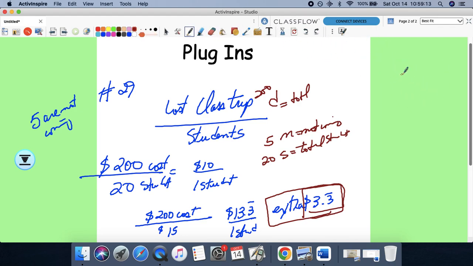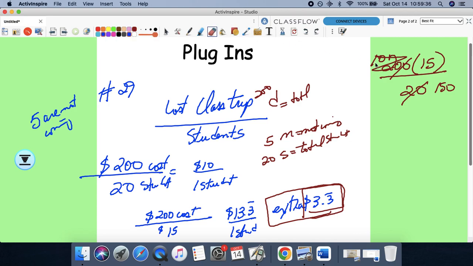C is D, the 200, S minus N, which is 15, over S, which is 20. So this simplifies to 10, and 10 times 15 is 150. That's not it either.